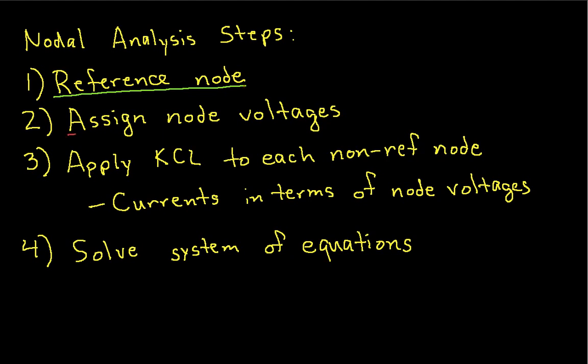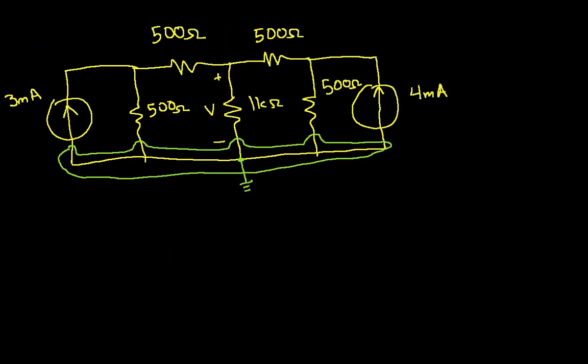We'll assign node voltages, and each of these node voltages is going to be with respect to the reference node. So I have a node here. I will assign this node voltage V1. And when I talk about V1, what I mean is the voltage difference between the node that I've circled in red and my reference node.